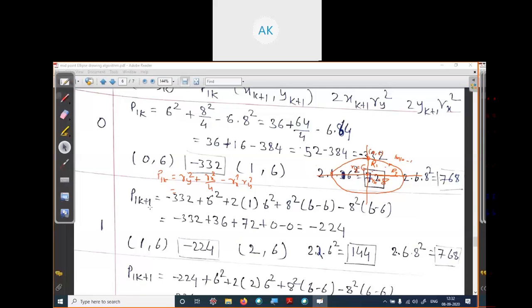The equation for the next descent parameter in region 1 is, I'm writing again, p1k plus 1 equals p1k plus ry square plus 2 into xk plus 1 into ry square plus rx square into yk plus 1 square minus yk square, minus rx square into yk plus 1 minus yk.